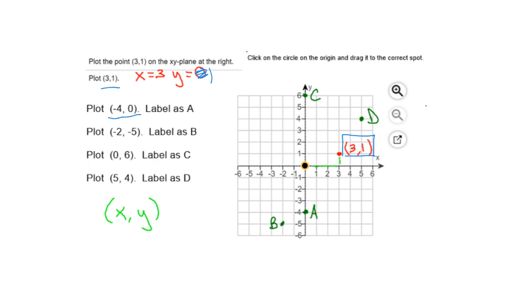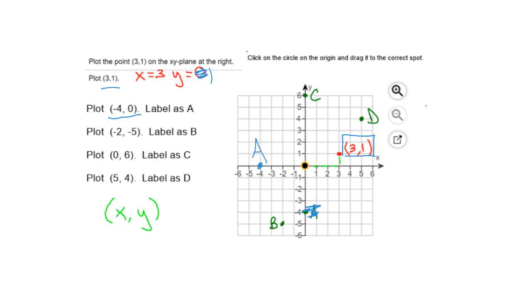Okay, let's try the next one. So the next one is -4, 0. This chart is very messed up. All right, so we are going to come over here to -4 because we want to stay on the x-axis, and we don't move anywhere on the y-axis because y is equal to 0.